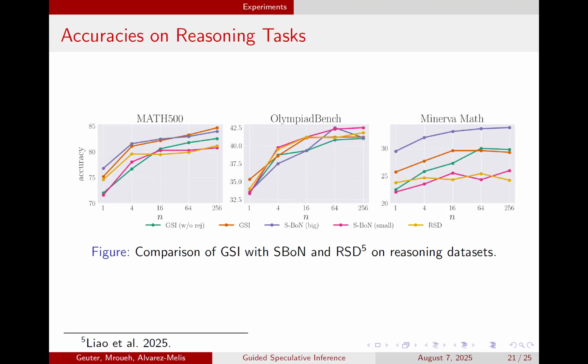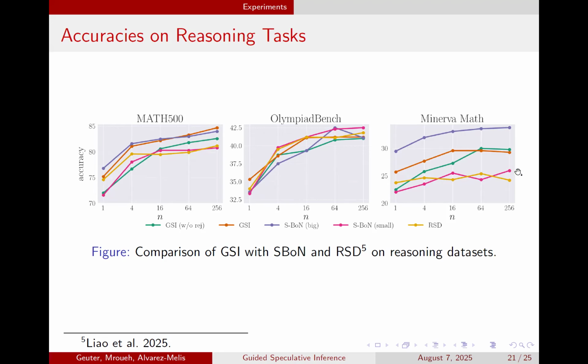Soft best of n with a big model is kind of like the gold standard, the upper bound. But we don't want to do this because it's expensive. So the ideal result would be that our algorithm gets very close to soft best of n with a big model. On Math 500, you can see it even is slightly better than that, which is maybe a bit surprising.